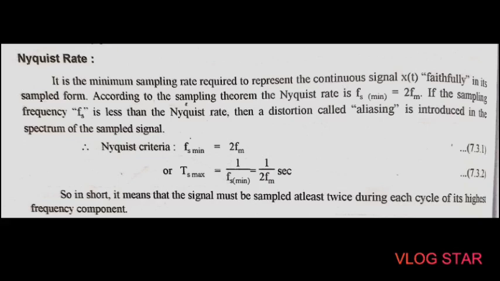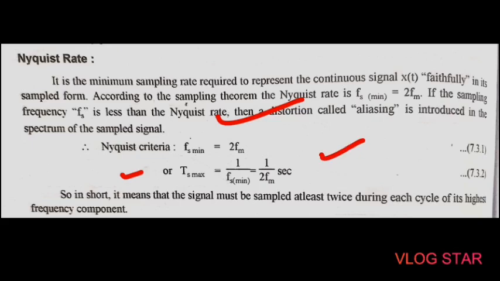If the sampling frequency fs is less than the Nyquist rate, then a distortion occurs which is called aliasing. This aliasing is introduced in the spectrum of the sampled signal. The Nyquist criterion is fs minimum equal to twice of fm, or we can write Ts max equal to 1 upon fs minimum, which is equal to 1 upon 2 fm seconds.